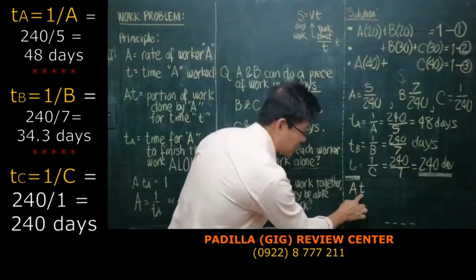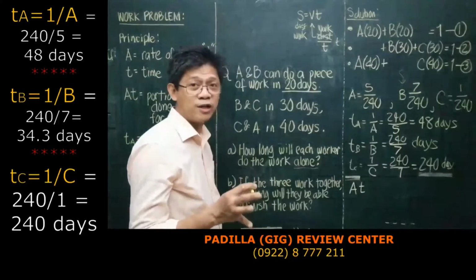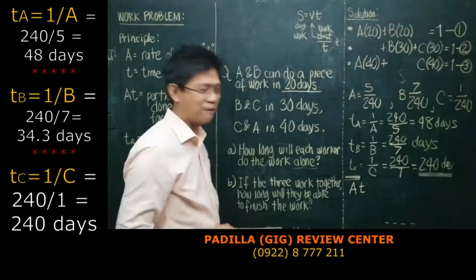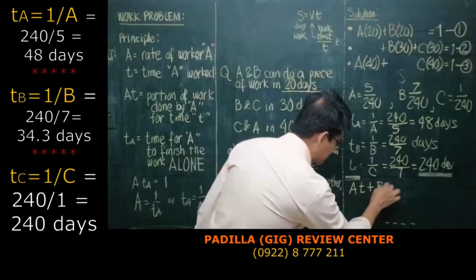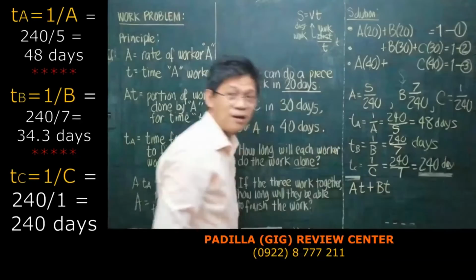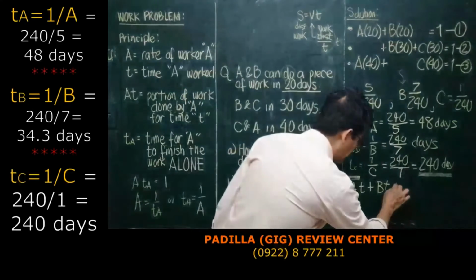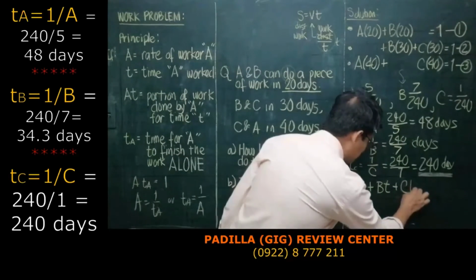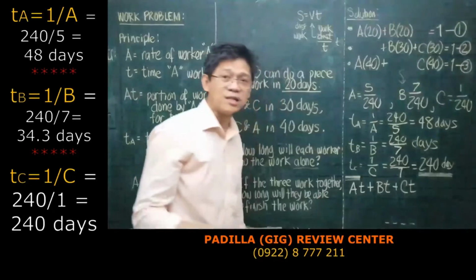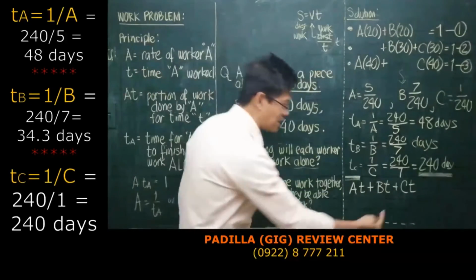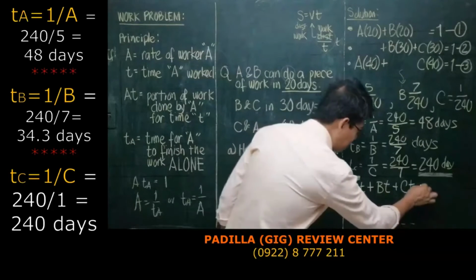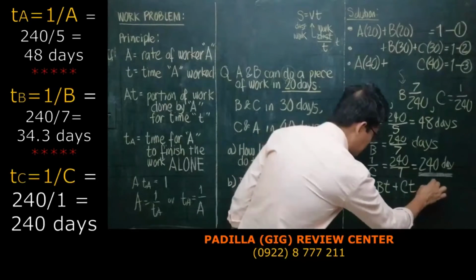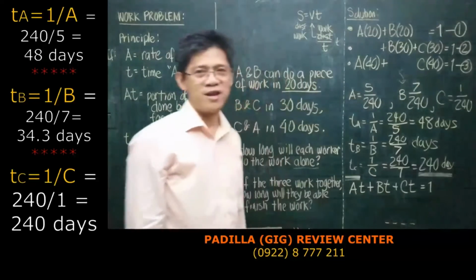I am solving for the time for the 3 to finish the work working together. The contribution of B is the rate of B times the time he worked. The contribution of C is the rate of C times the time he worked. The time that we are looking for is the time where if the three work together, they'll be able to finish the work. So this must be equal to 1.